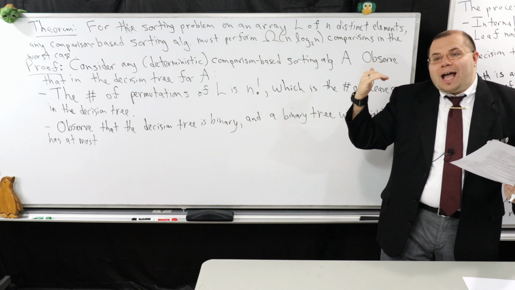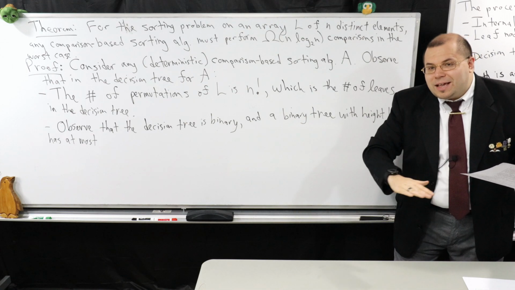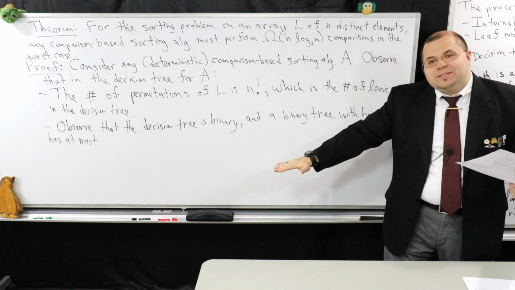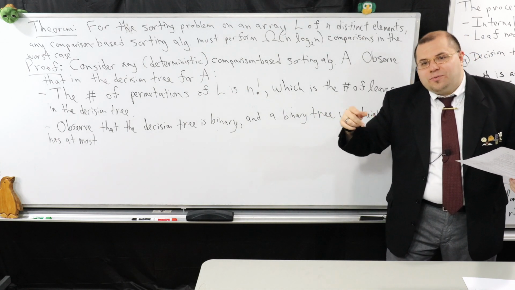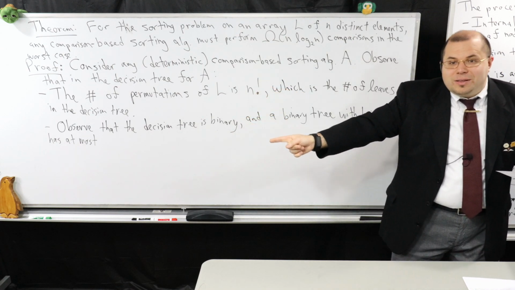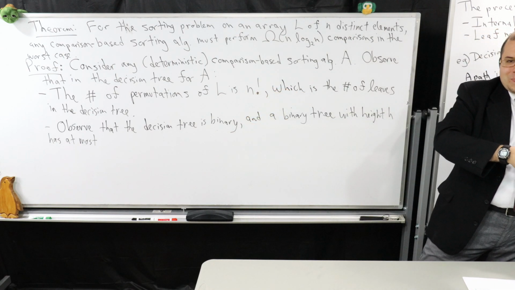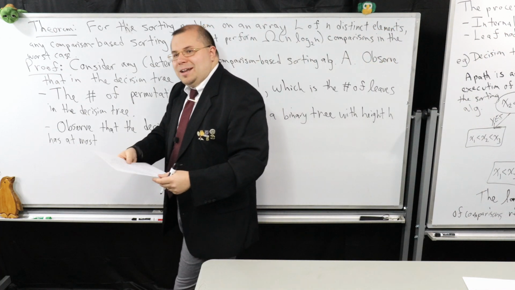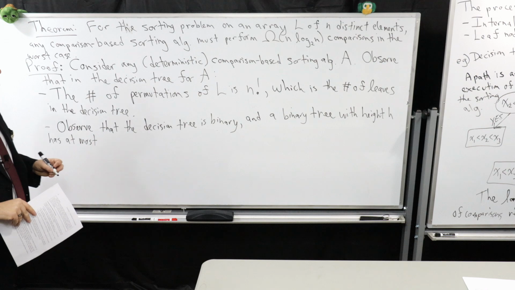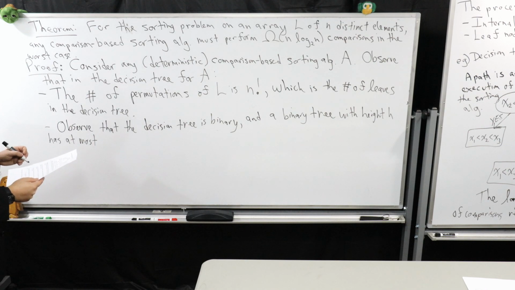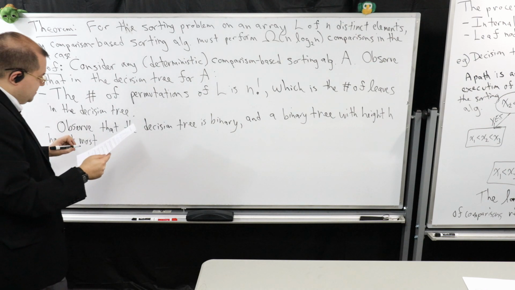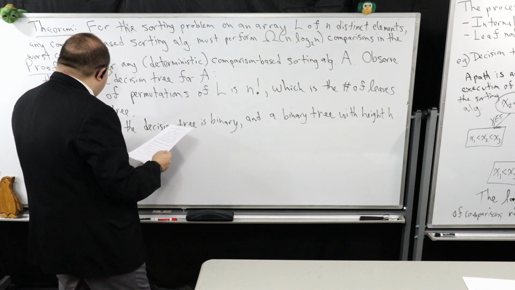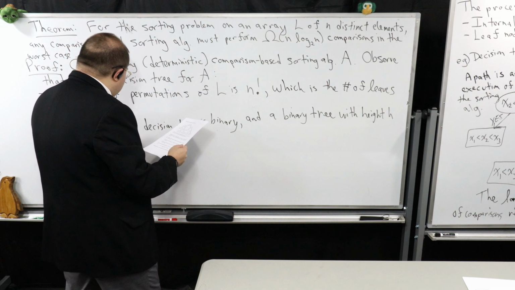If you look at the bottommost level, which is the worst possible scenario where you have the maximum number of leaves, they might all be in the bottom row. So if the height is h, then 2 to the power of h is a bound on the number of leaves that binary tree can have. Perfect. It has at most 2 to the power of h leaves.